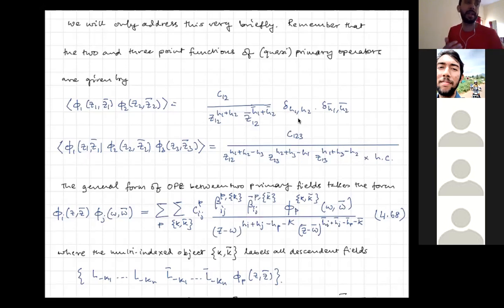So this is something which people are looking at right now, and they have been doing this for a while. The advent of the bootstrap for dimensions higher than d equal to 2 is pretty recent, and it follows from work by Rattazzi, Rychkov, Tonni, Vichi and others, which is in 2008, I think.